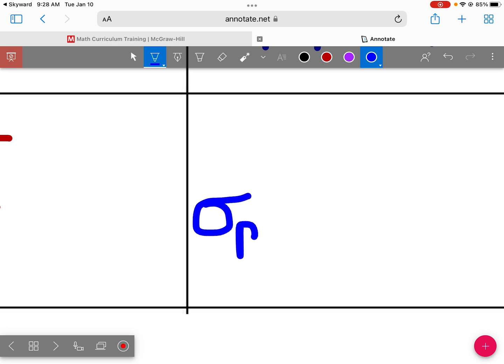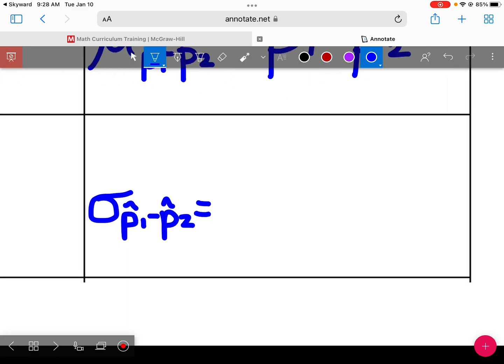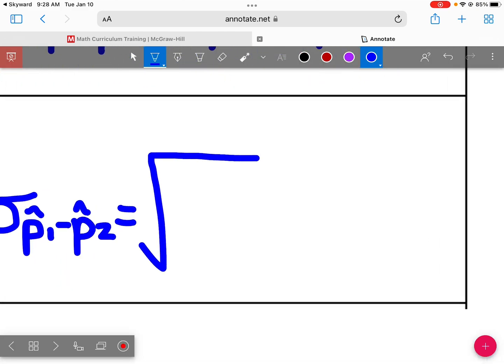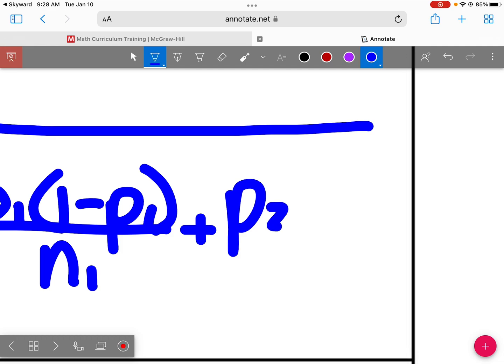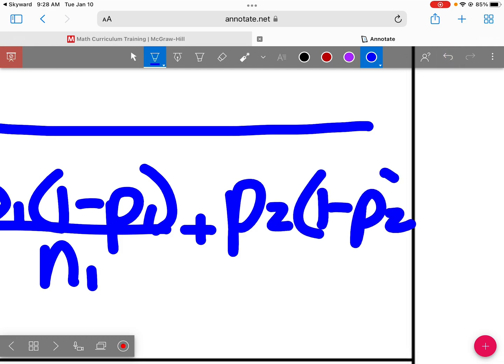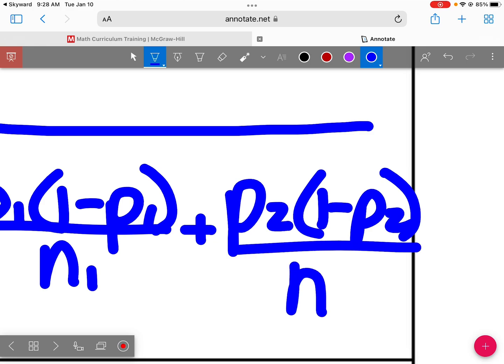So sigma of p hat 1 minus p hat 2 is equal to, underneath my square root here, P1 times 1 minus P1 over N1 plus P2 times 1 minus P2 over N2.